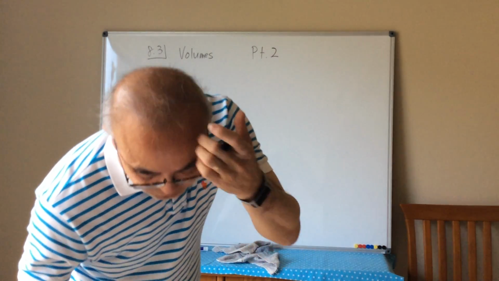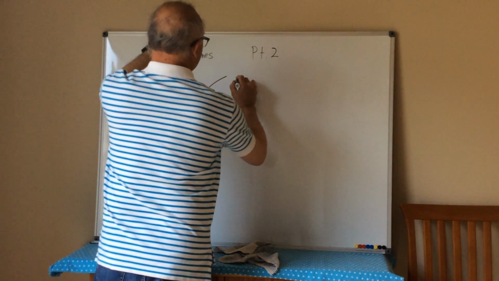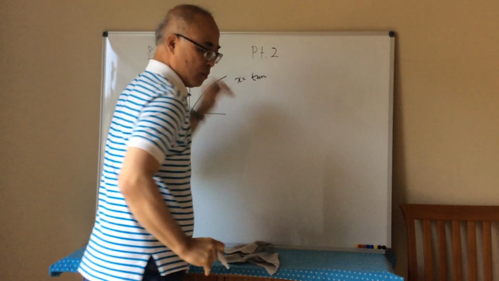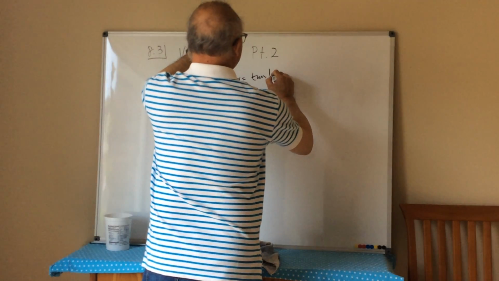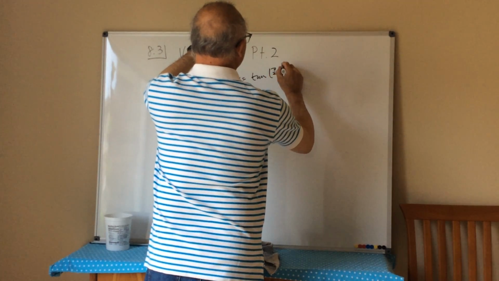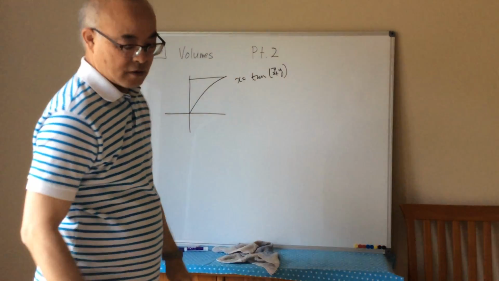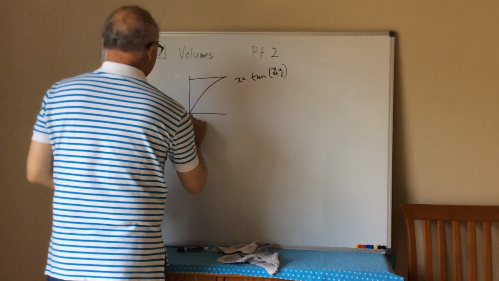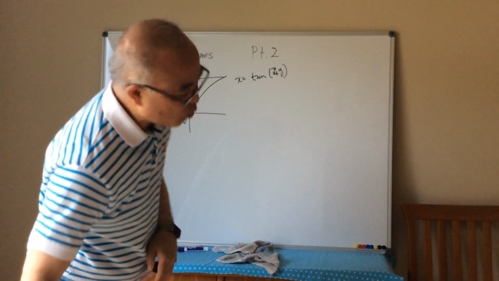We have x equals 10 tan of pi over 4 y, and the region is from 0 to 1, and I am rotating this about the y-axis.